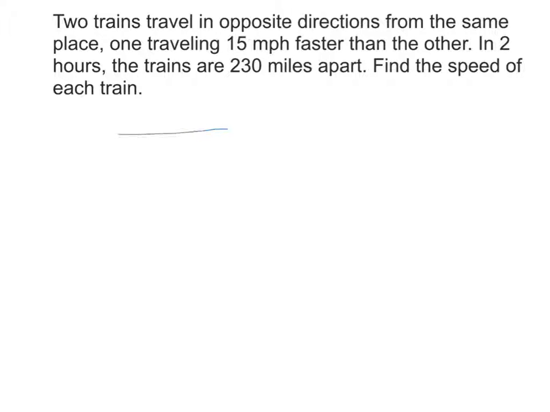You have train A going west, let's say, and train B going east.